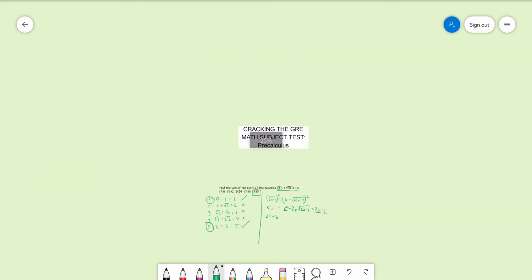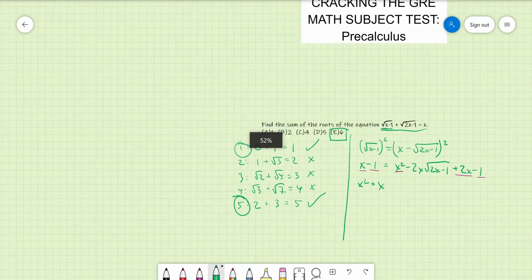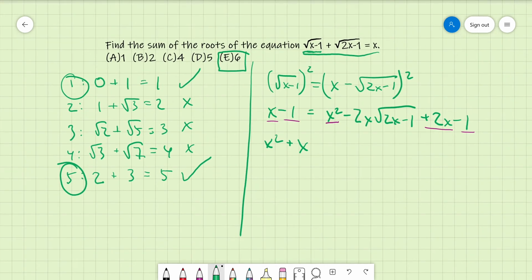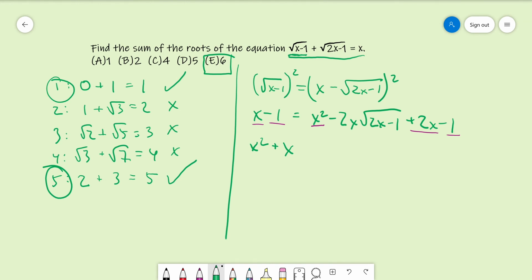And all of this is going to equal 2x square root 2x minus 1. Now, since we know that x can't be 0, we said that already, then we can actually divide all the way through by x. That'll simplify it a little bit.